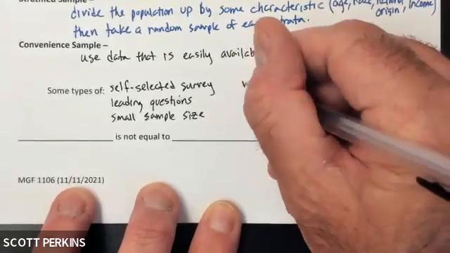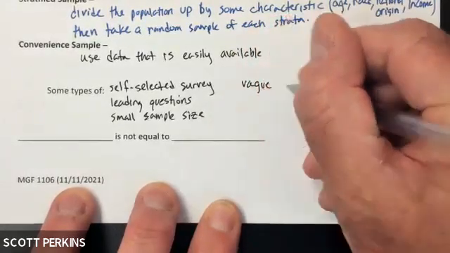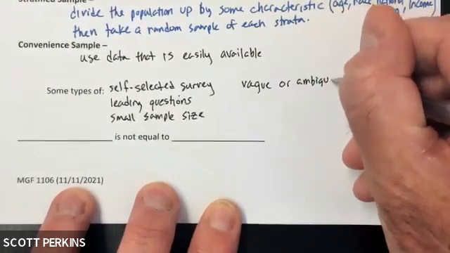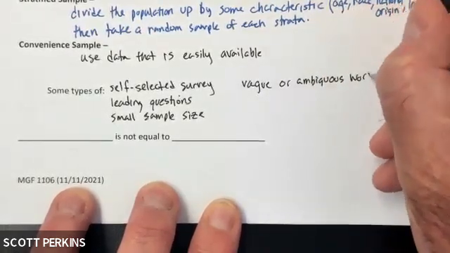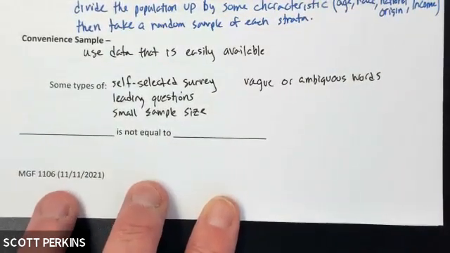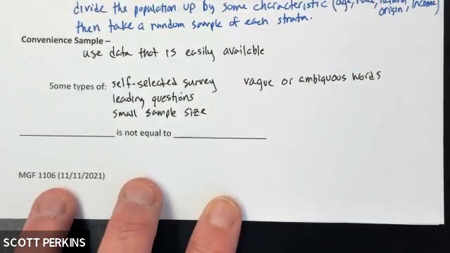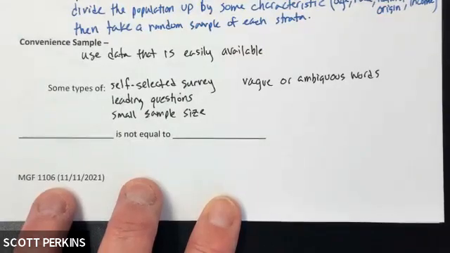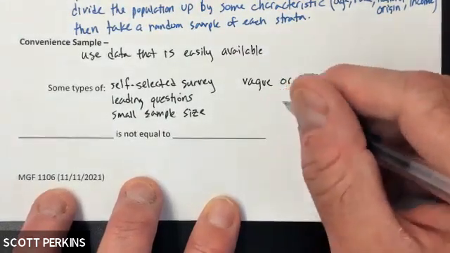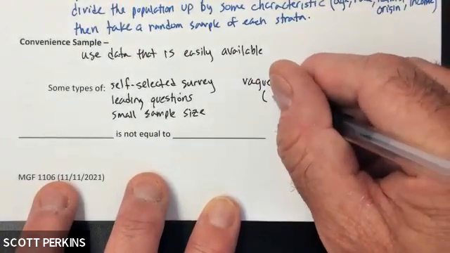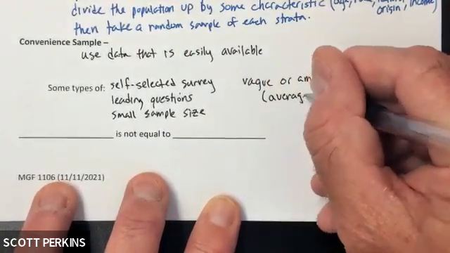One other thing that I have, and there's lots of other bad things you can do, is you can use vague or ambiguous words. So when you see words that have multiple meanings, or maybe you don't know the definition of, a lot of people don't want to admit that they don't know things, and so they just answer the question anyway. So for instance, one of the biggest ones, and we'll talk about this next week, is the word average.